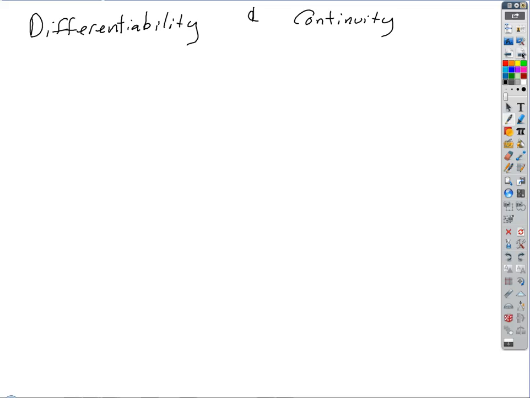Let's take something like an absolute value function. If I want to differentiate this, to take the derivative of this, how might I do that?